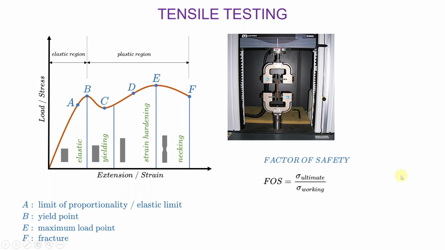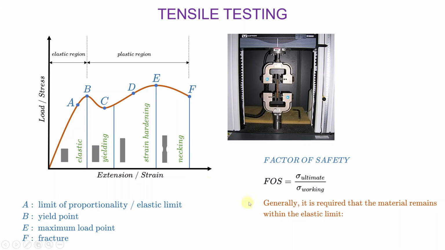However, in engineering applications, we want to remain within the elastic region. Because we want to remain within the elastic region, the highest load that you have in the elastic region is the yield load, the yield point or the yield stress.